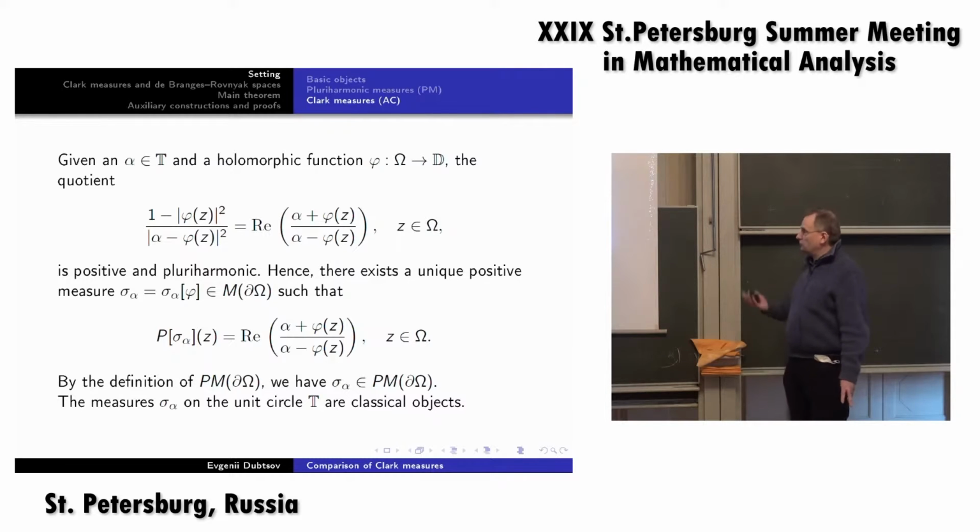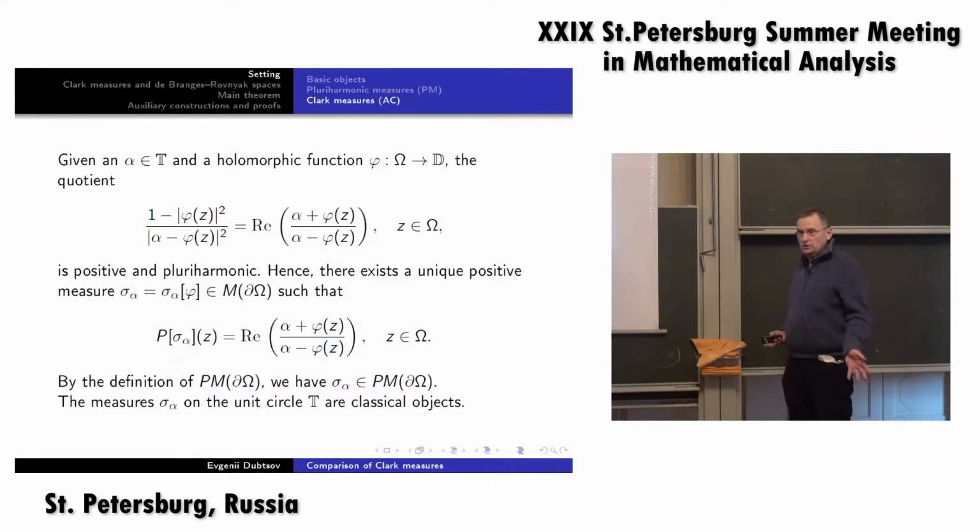So we also have a different expression for this real part. This is (1 minus the modulus of phi of z squared) over the modulus of (alpha minus phi of z) squared. So clearly this is a positive function. Also it's a pluriharmonic function.